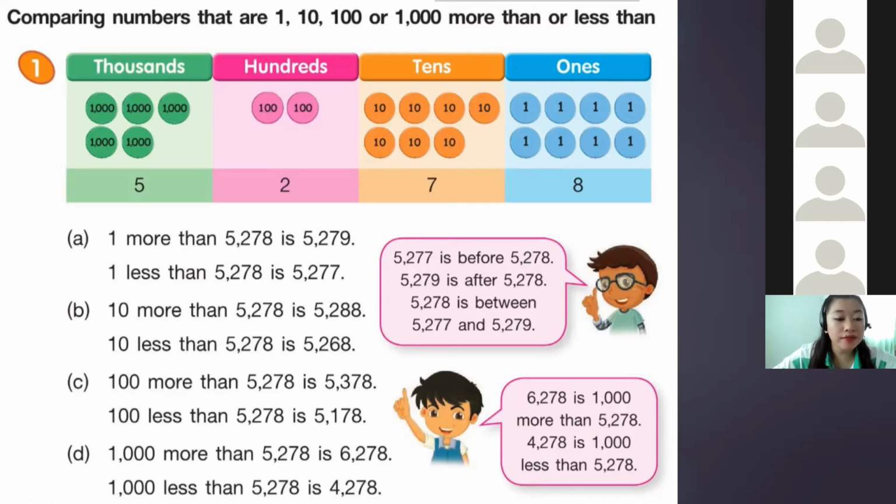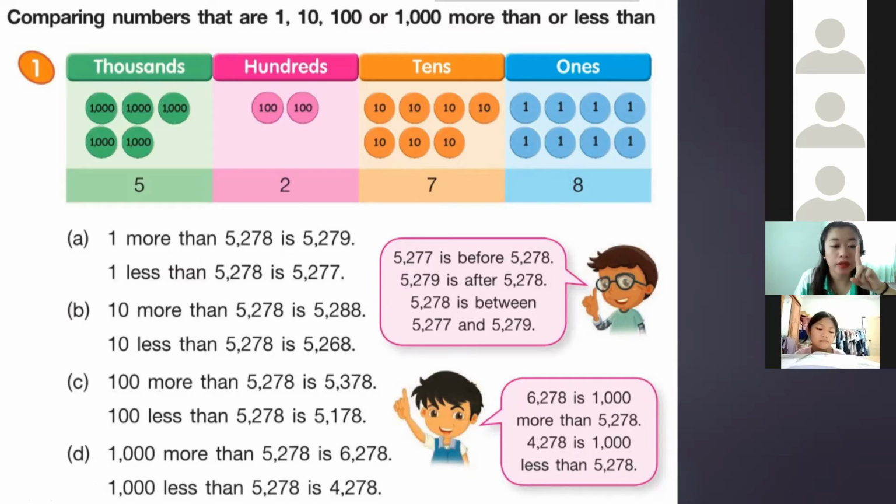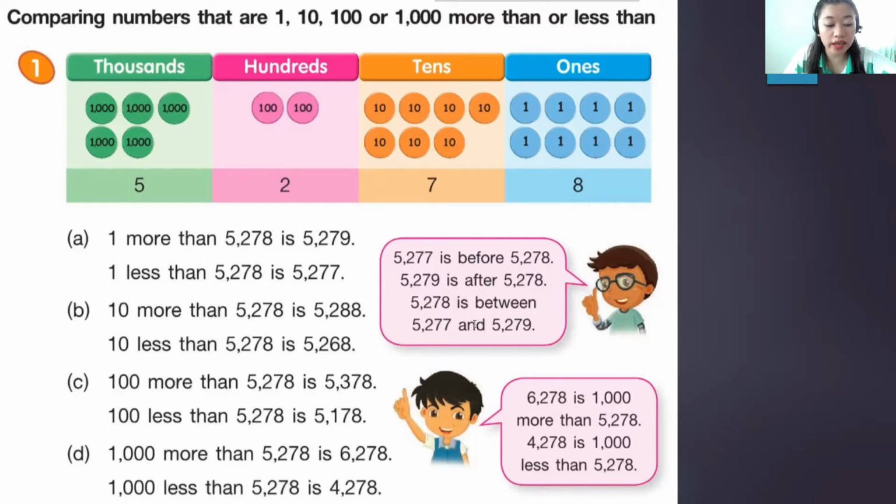When we say 1 more than, it means you add 1 to 5,278. 5,278 plus 1 is equal to 5,279. So that's what it means.